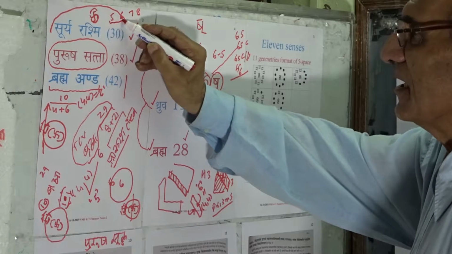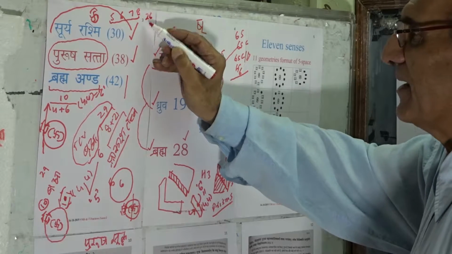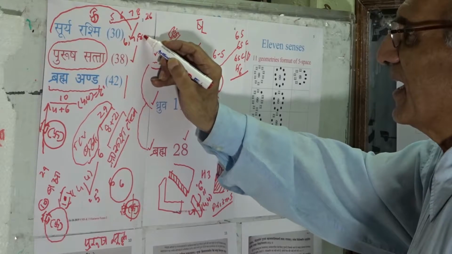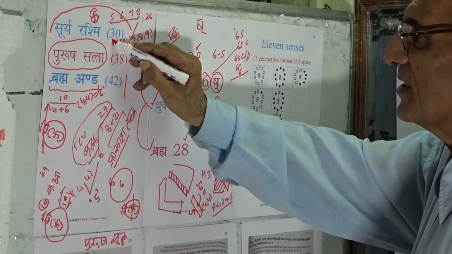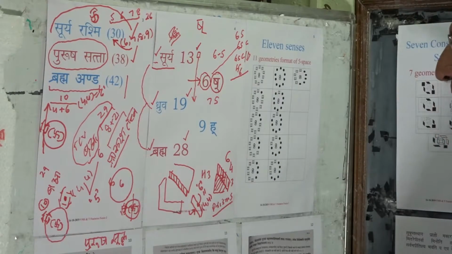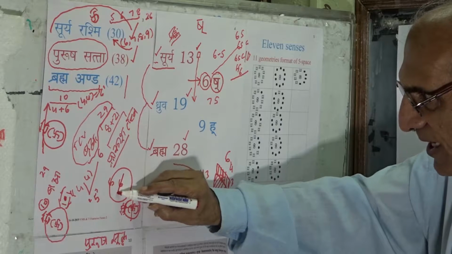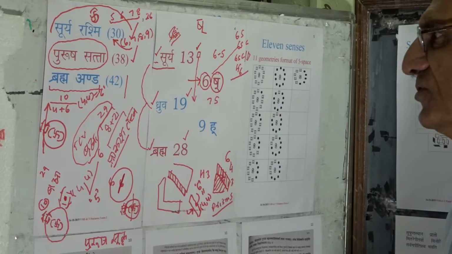This cavity will be leading us to value 26, and step ahead is going to be 6, 7, 8 and 9. It is value 30. So the transcendental cavity takes us to self-referral origin, and it is this self-referral origin which is the Purusha Satta.